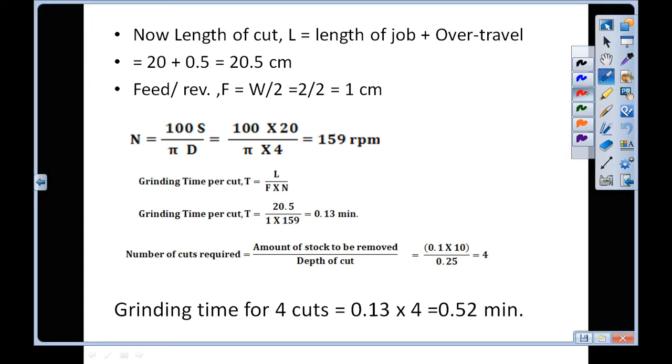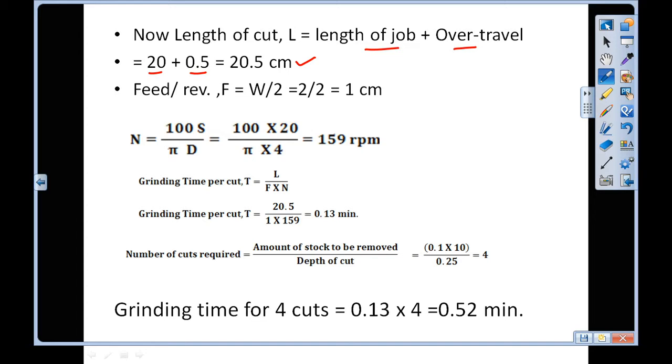First we calculate the length of cut. Length of cut, we know, is equal to the length of the job plus over travel. The length of the job is given, that is 20 centimeter, and over travel we know is 0.5 centimeter. So we have calculated the length of cut as 20.5 centimeter.